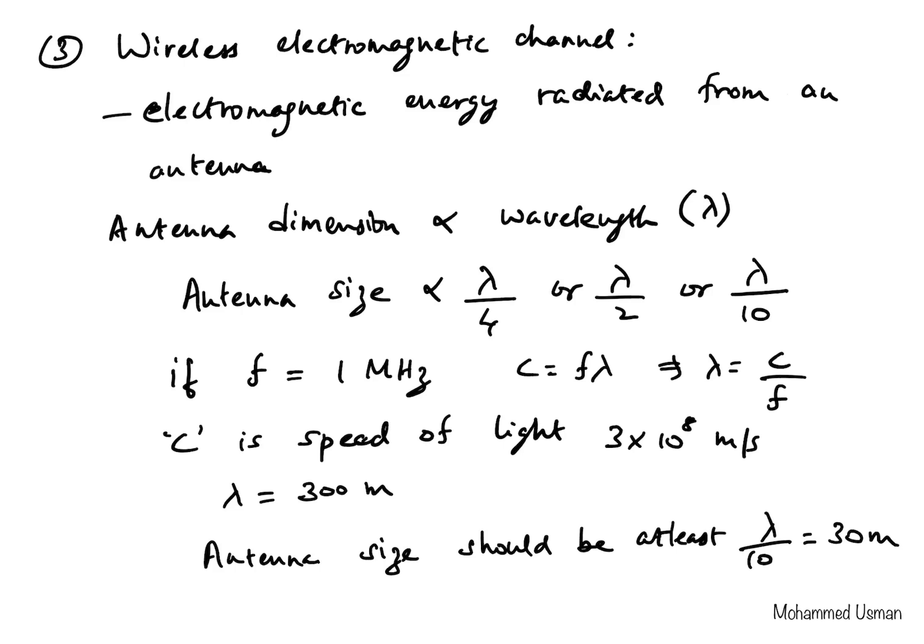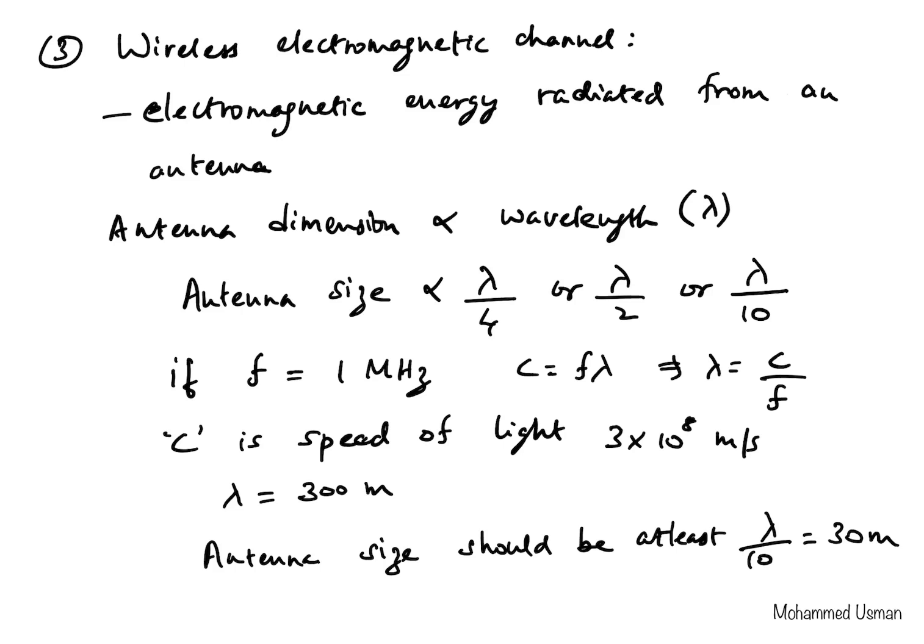Okay, it's okay for the mobile tower because that's a fixed station. We can have a 30-meter height antenna, but we cannot have an end user device which has a 30-meter antenna. So therefore the choice of the frequency at which we communicate on a wireless channel is dictated by one of the factors, which is the size of the antenna.